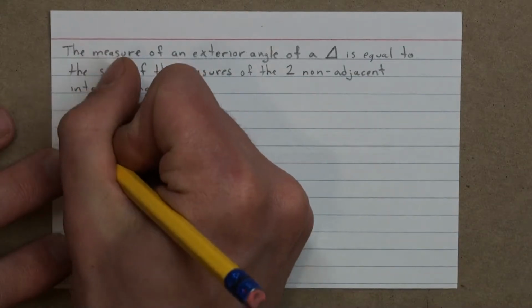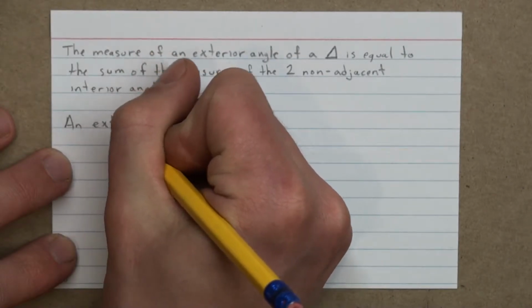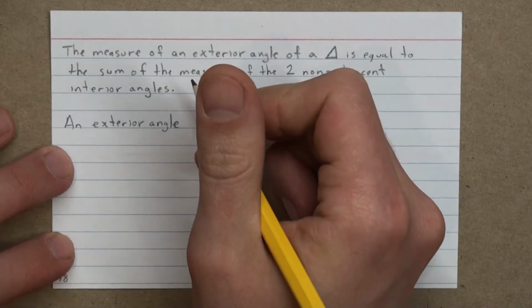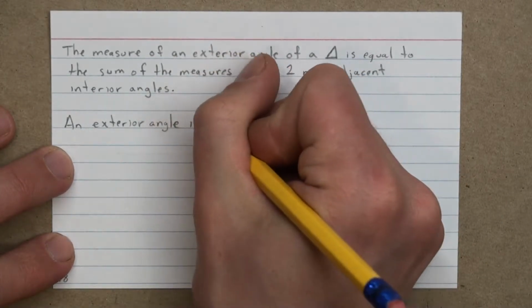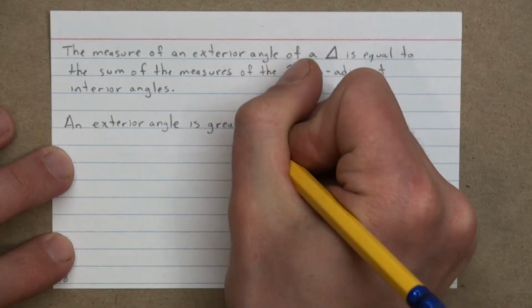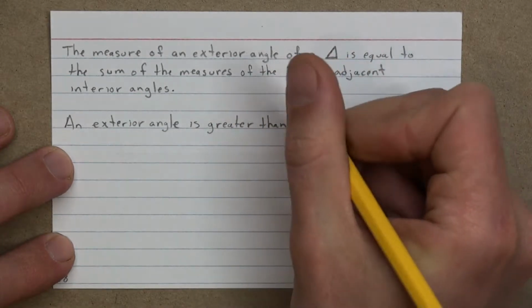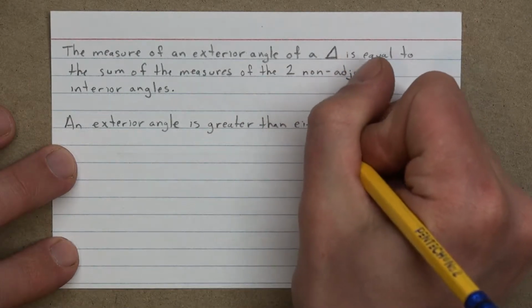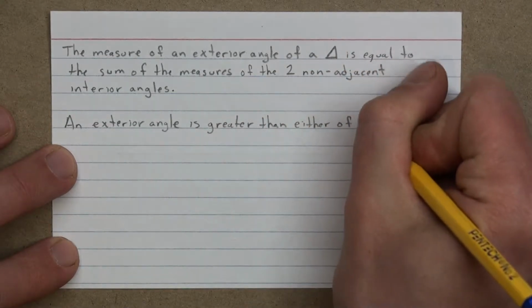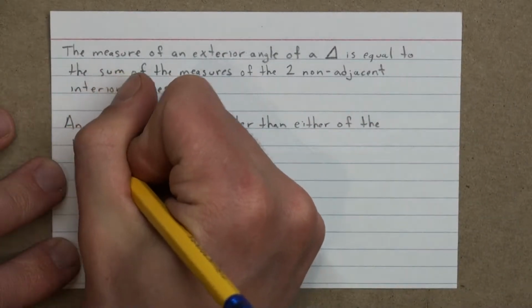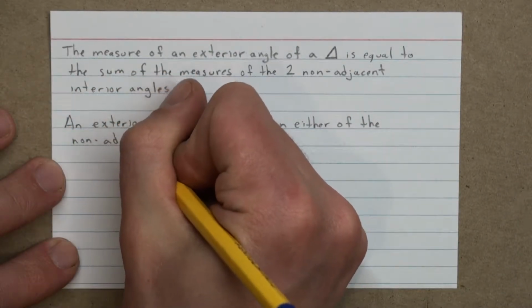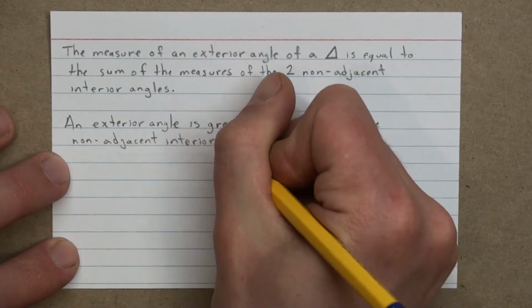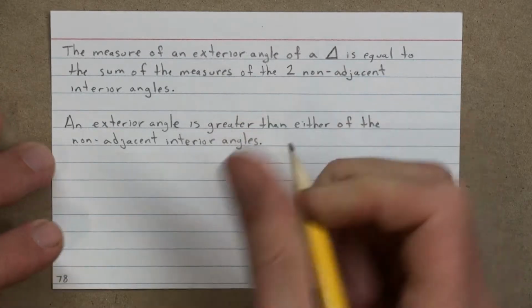An exterior angle is greater than either of the non-adjacent interior angles.